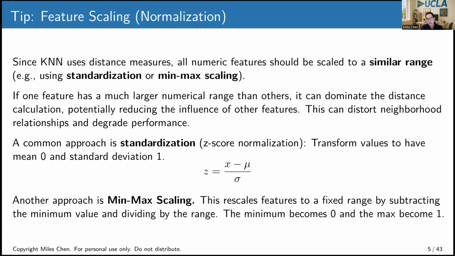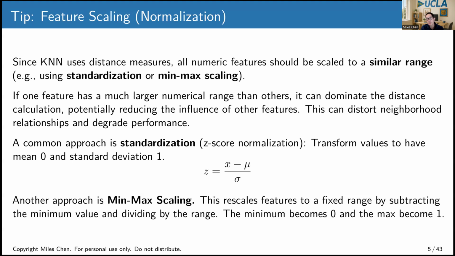The other thing you want to do is scale all of your features to be on a similar range. If one of your features has a much bigger numeric range than any of the others, it can really dominate the distance calculation and reduce the influence of the other features.